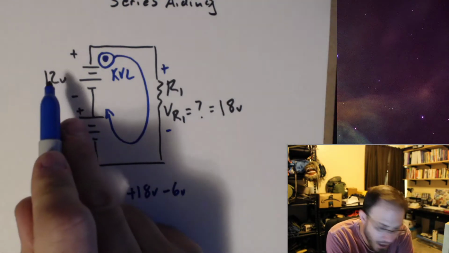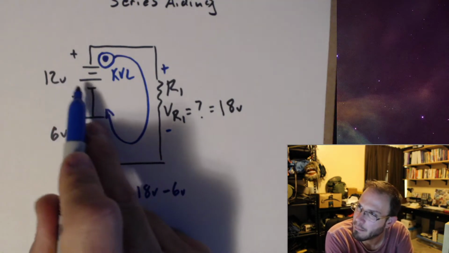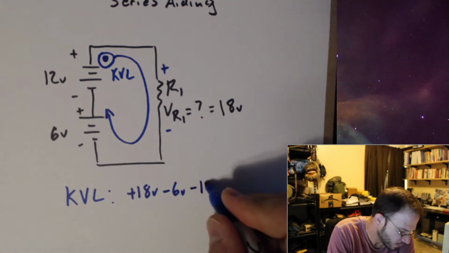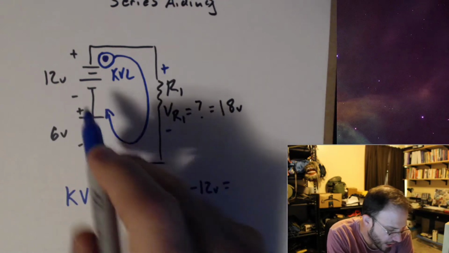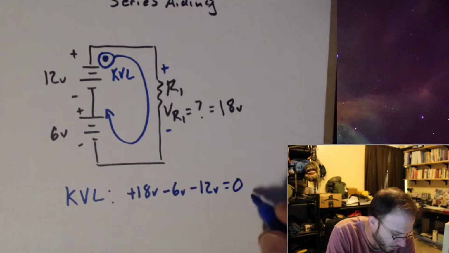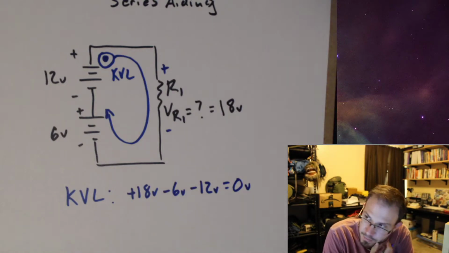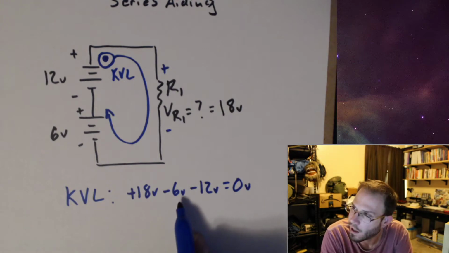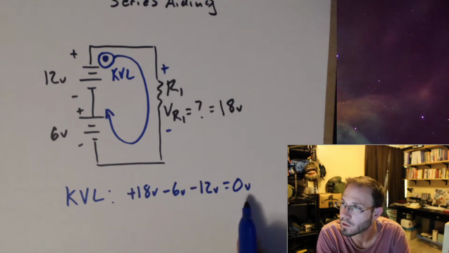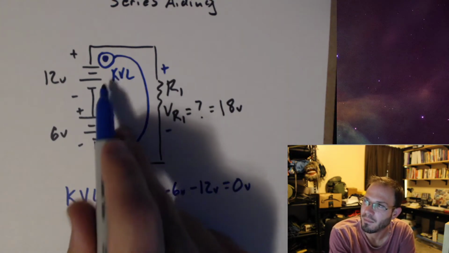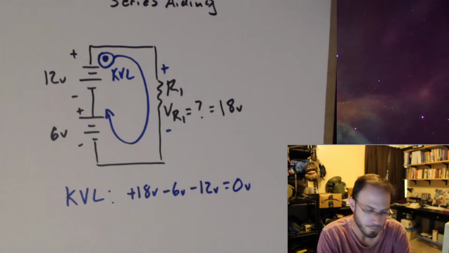Now I hit my 12 volt source, and I hit that minus sign first, so minus 12 volts. I'm back where I started, so I set the whole equation equal to 0. The sum of all voltage drops in any closed loop should be 0. And sure enough, 18 minus 6 gives us 12, and 12 minus 12 equals 0. So Kirchhoff is happy, and this completely agrees with him.